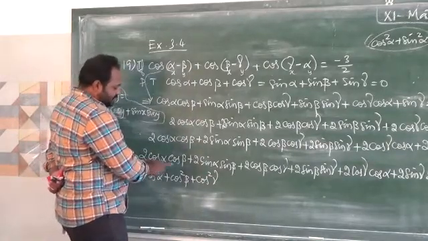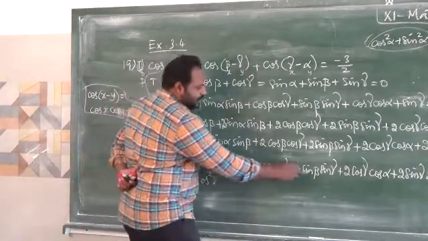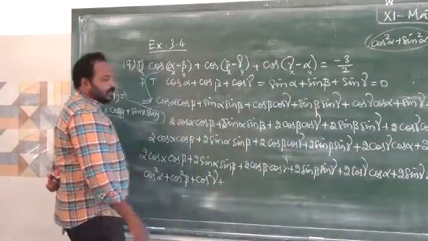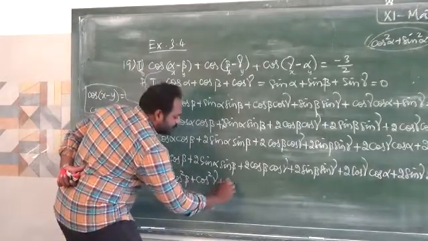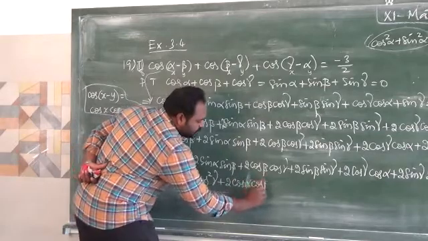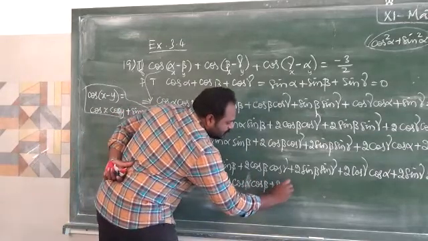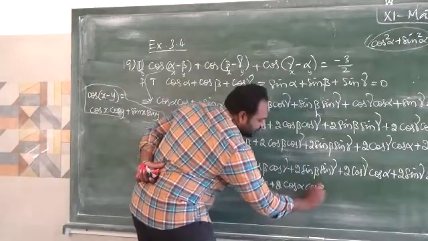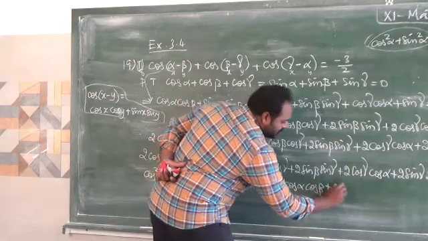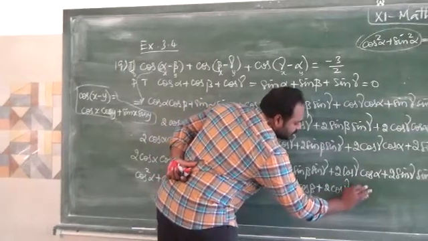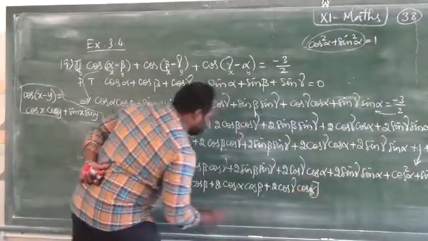Cos alpha cos beta, cos beta cos gamma, cos gamma cos alpha. I am just making groups in the terms. Okay, 2 cos alpha cos beta plus 2 cos beta cos gamma plus 2 into cos gamma cos alpha. So this is one group.